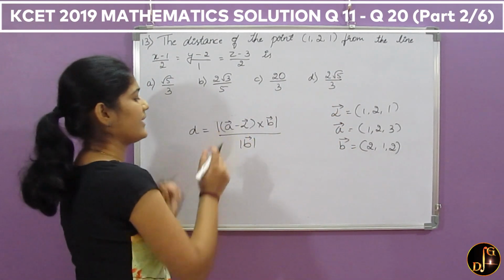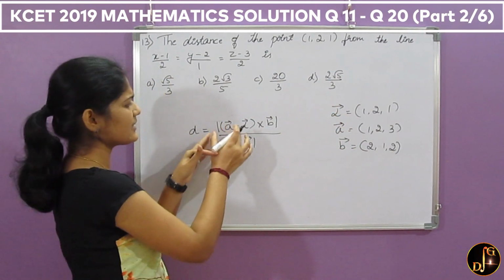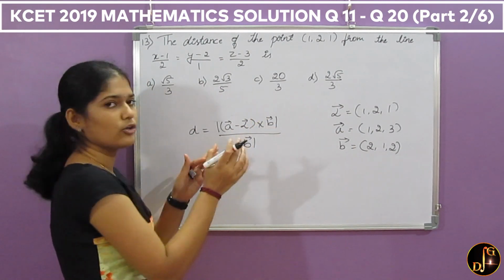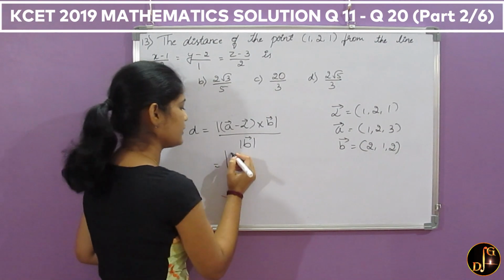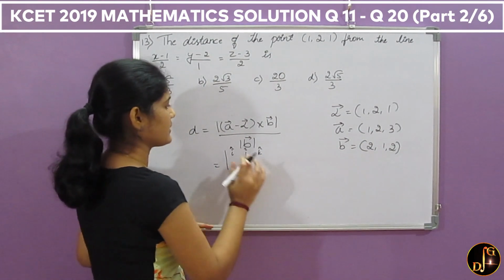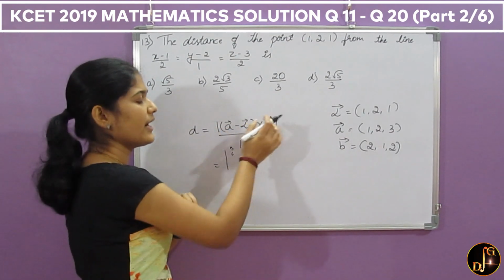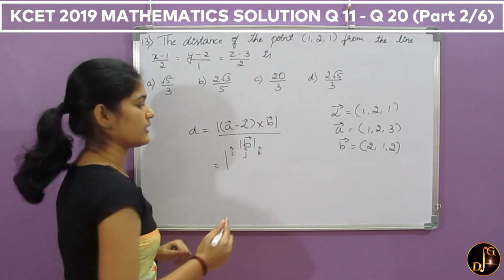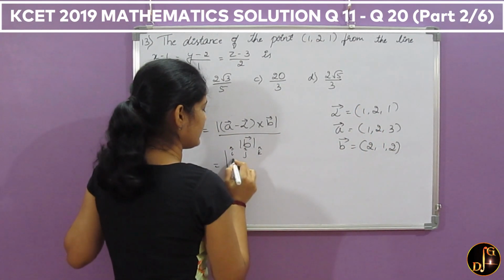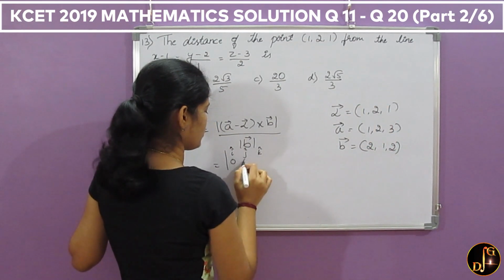Now, let's find the distance. That is nothing but, we have cross here. So, we have to find the determinant of this matrix. That is I cap, J cap, K cap, in which the second row will be A minus alpha and third row will be B. We know that. Now, A minus alpha means 1 minus 1, that is 0, and 2 minus 2, 0.